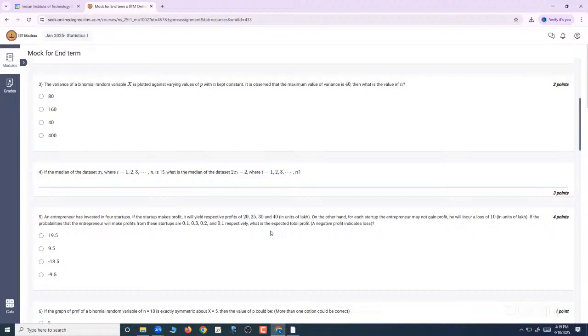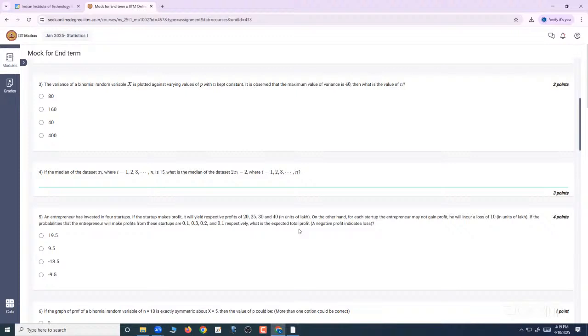So you have to calculate what? The expected value? Yes, ma'am. Expected value of each one. What is the formula of expected value? It would be the summation of xi into P of xi, the probability of xi.